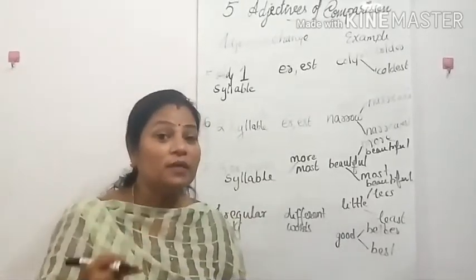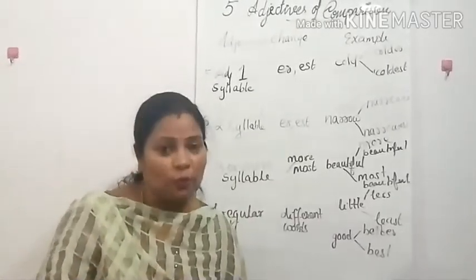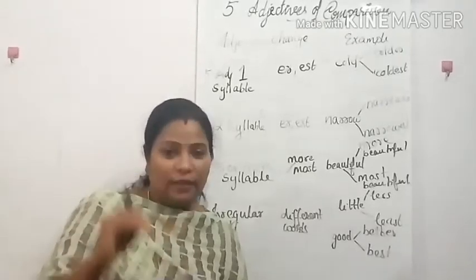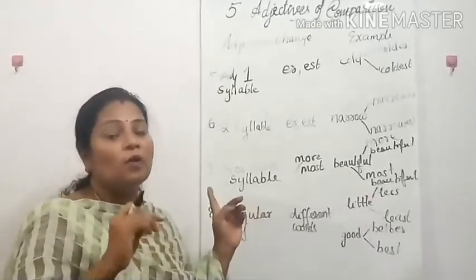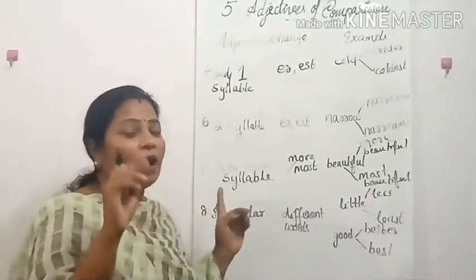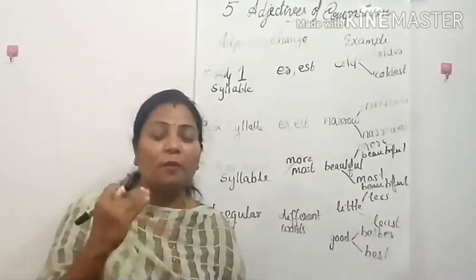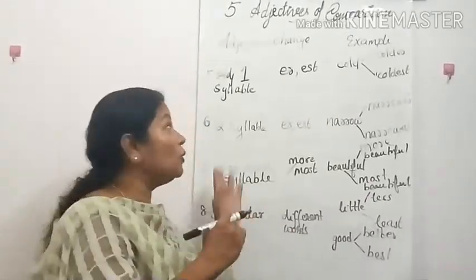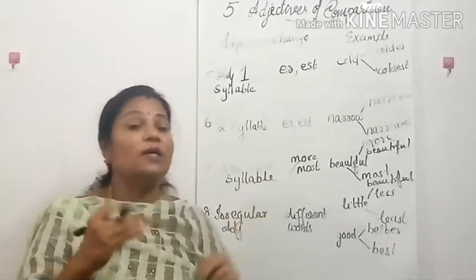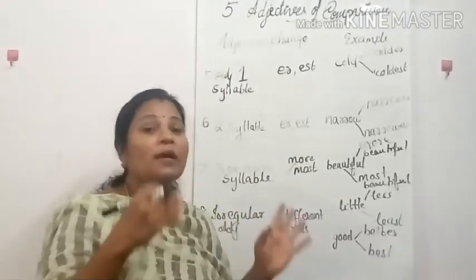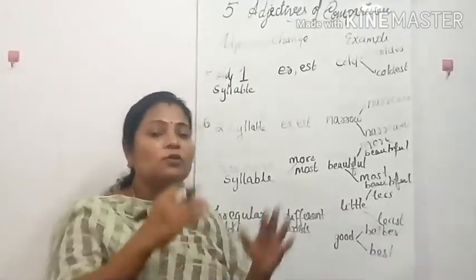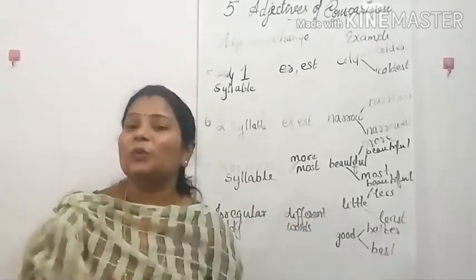If the is given, then you have to use superlative. Sometimes in the exercise they will be given words, adjectives. That means you don't have to use superlative or comparative there. Maybe you have to use the adjective itself. Maybe it is not a comparison there. So remember all these things when you do the exercises.